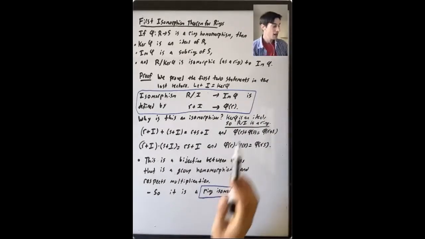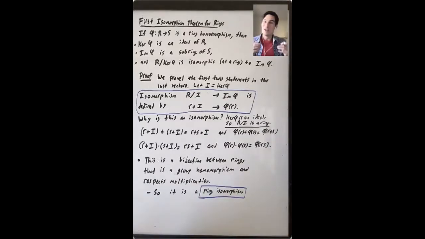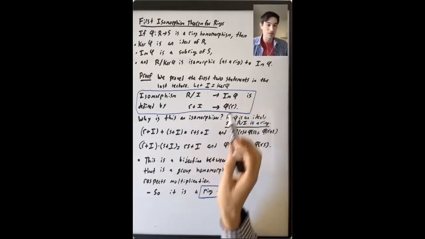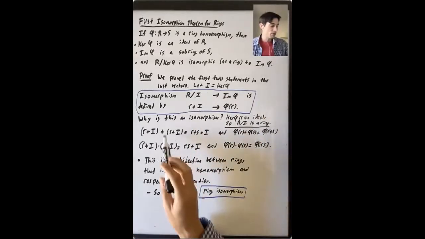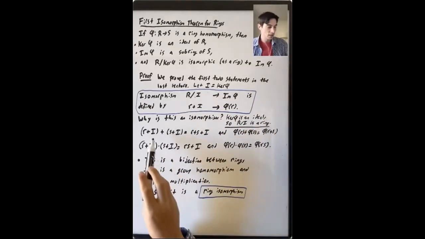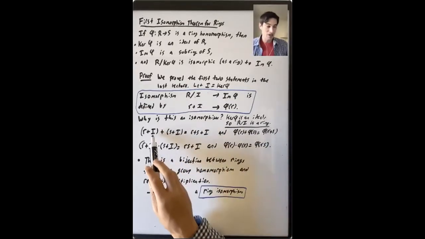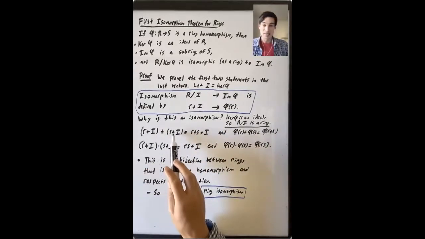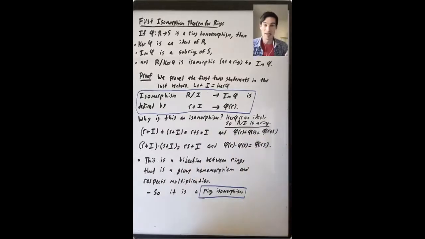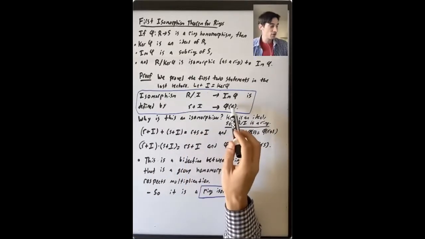Okay, then rather than show you the checking that this map really is a ring isomorphism, I just want to show you why this is true. Well, the addition operation in R mod I says r plus I plus s plus I is r plus s plus I. And then think about what happens over on this side.